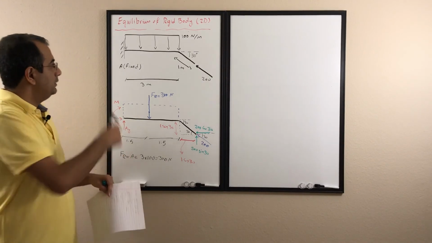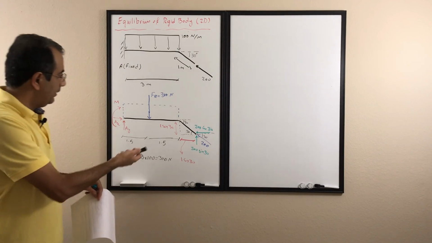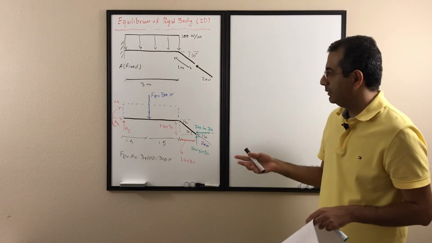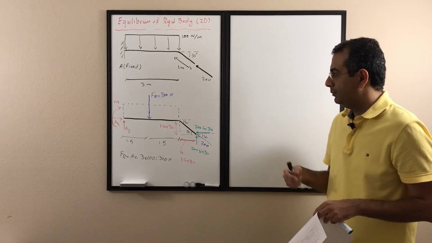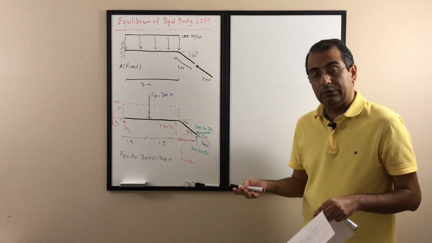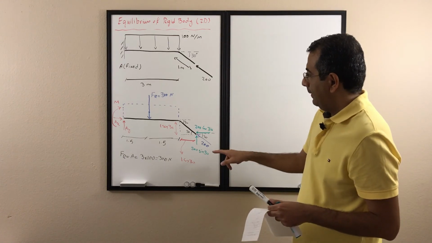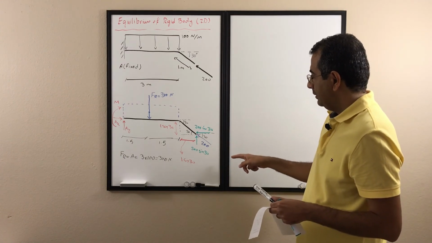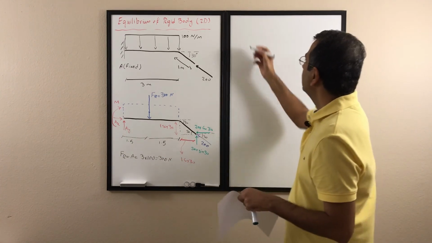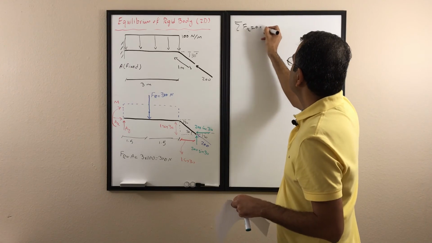Now the question in this problem is to find the support at point A. Again, after I have my free body diagram, I have to look at which equation is the best one to use: sigma Fx is 0, sigma Fy is 0, or sigma M is 0. If I look at the x direction, the only unknown I have in the x direction is AX. So I can start with sigma Fx is 0 because I only have one unknown, so it's easy.